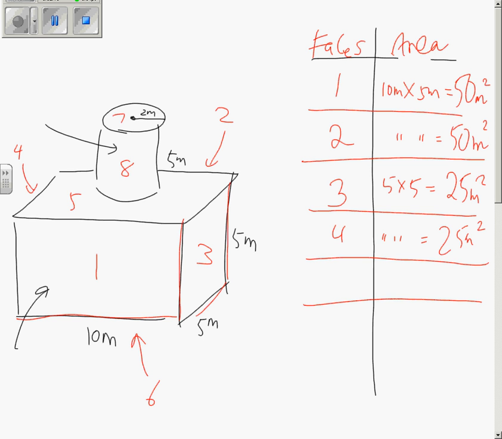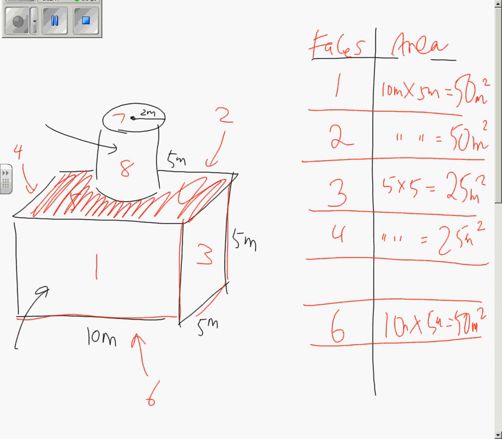And what I'm going to do is skip down and do face 6 first. Face 6 is the bottom, and it is also 10 by 5 meters. It's going to give us a 50 square meter area. Now the reason why I did 6 first is because area 5 is actually the top of this rectangular prism, but it's being covered by the base of the cylinder.